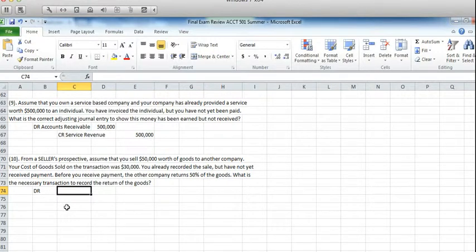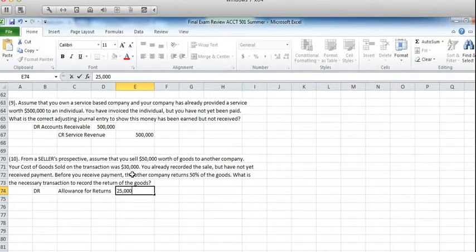Okay, so we're going to have a special account that will be sort of like an expense account, but it's going to be allowance for returns, and that is going to be for the amount here. Since they're returning 50% of the goods, we sold 50,000, so 50% of that is going to be 25,000.